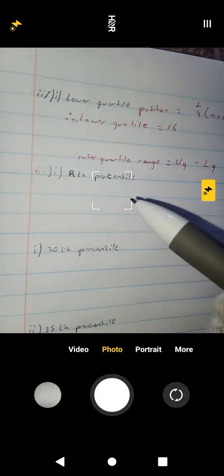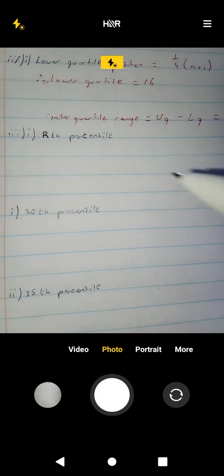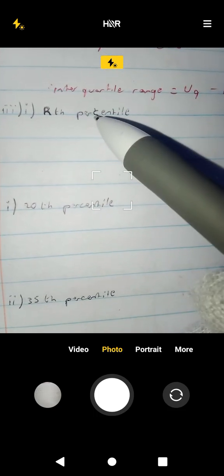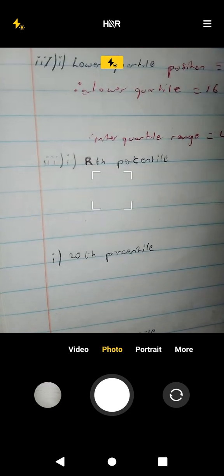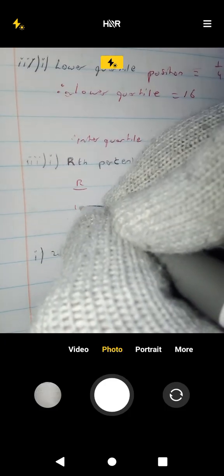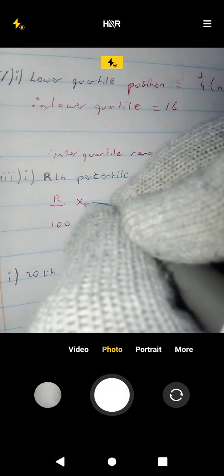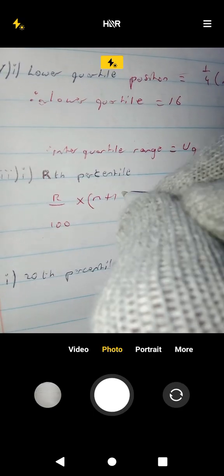And then let's now get into the concept of percentiles. That's also pretty simple. Okay, so we'll first generalize. To find the rth percentile, we just calculate r over 100 times n plus 1.